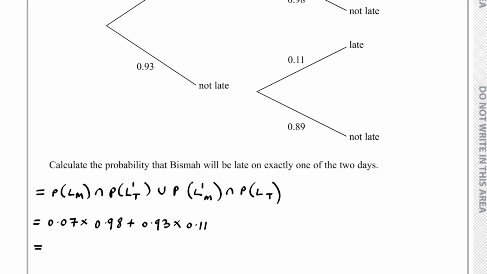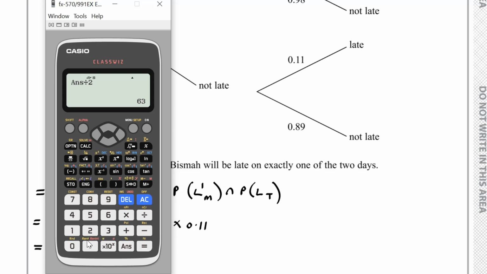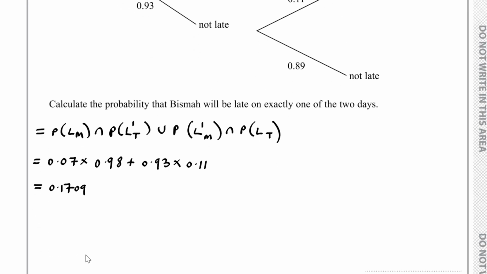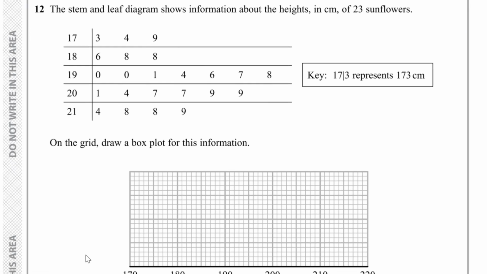So if we work this entire thing out, we have 0.07 times 0.98 plus 0.93 times 0.11. It turns out we get 0.1709. That's our probability.